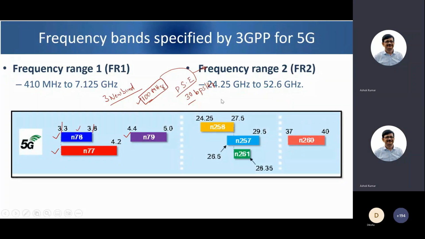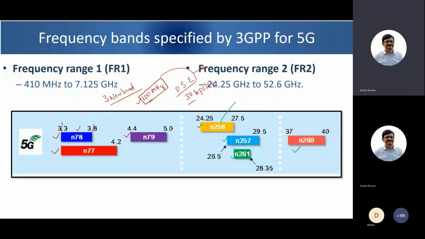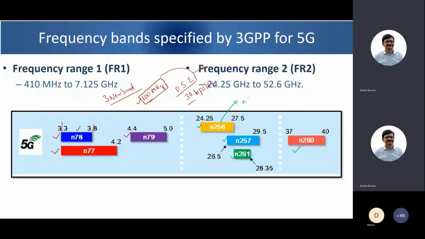There are 4 bands, if you look at the picture below: N258, N257, N261, and N260. These are the 4 bands identified. In India, if you recall, it is the N258 band which was auctioned.